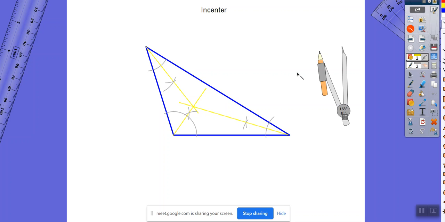There's inscribed. So inscribed, so for the circumcenter, the triangle is inscribed in the circle. And we're gonna have another inscribed moment.